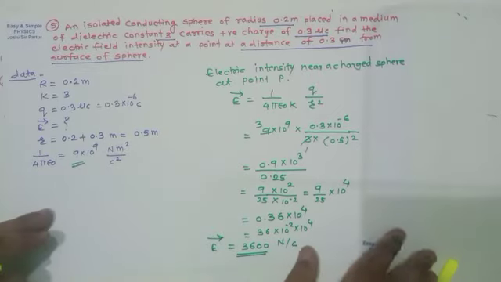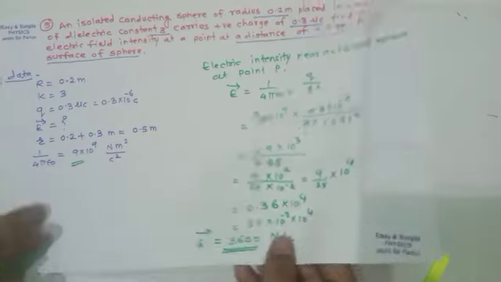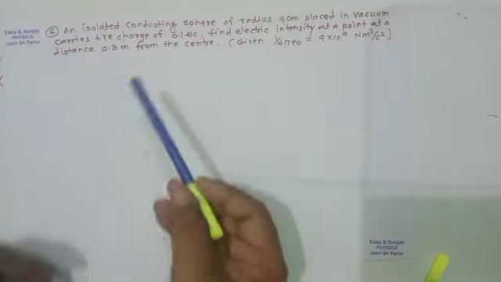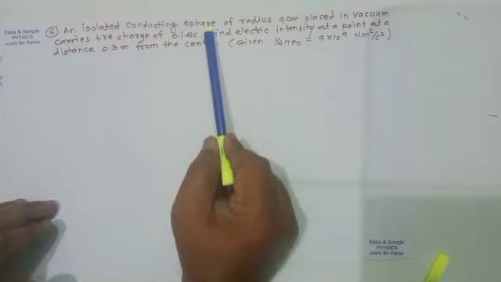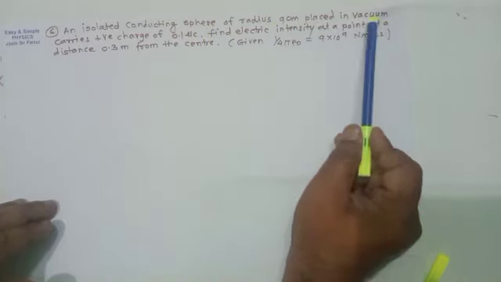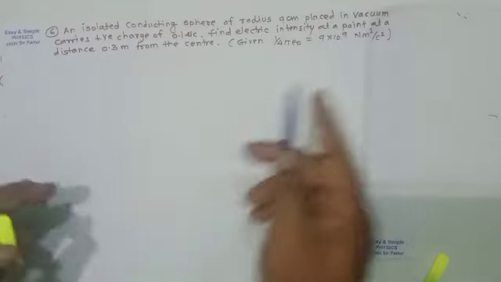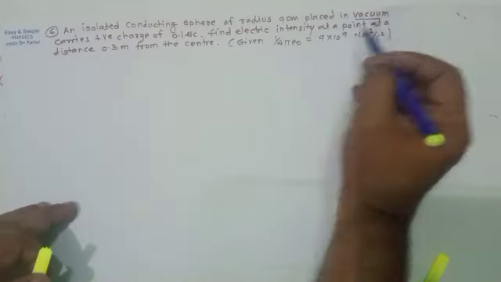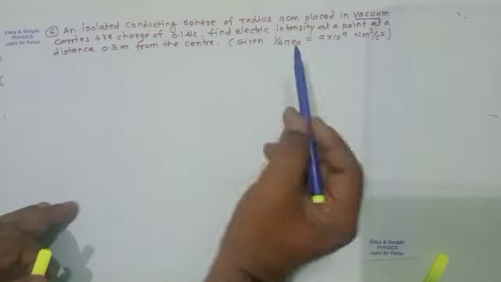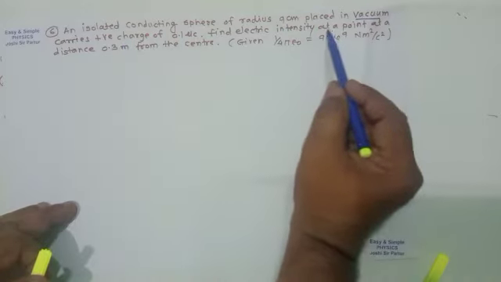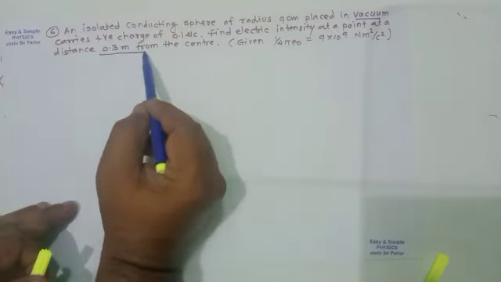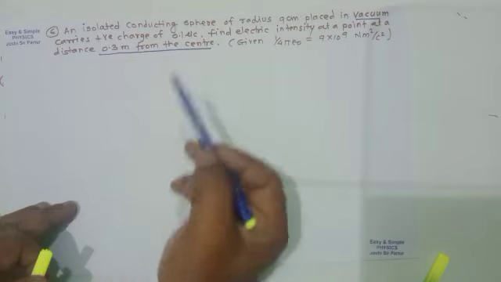Again, let us see another example. It is an isolated conducting sphere of radius 9 cm placed in vacuum. Here in vacuum K becomes 1. It carries positive charge 0.1 microcoulomb. Find the electric intensity at a point at a distance of 0.3 meter from its center.